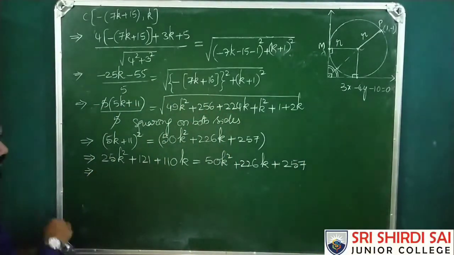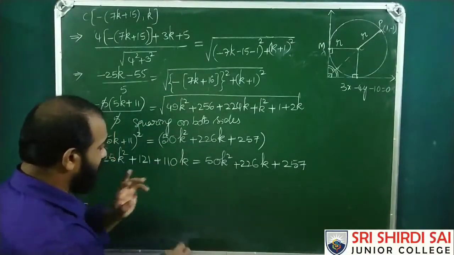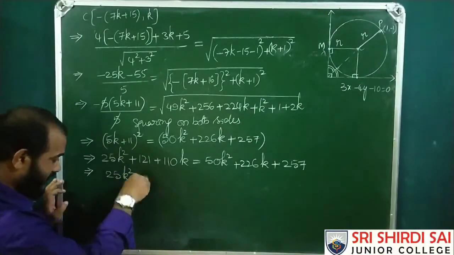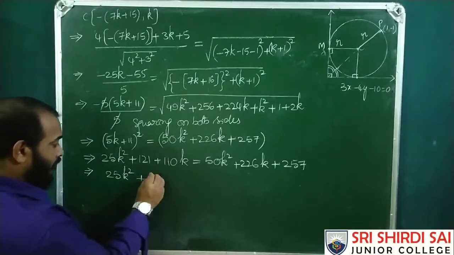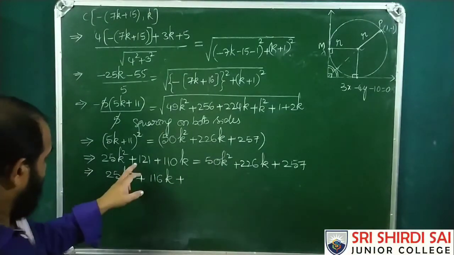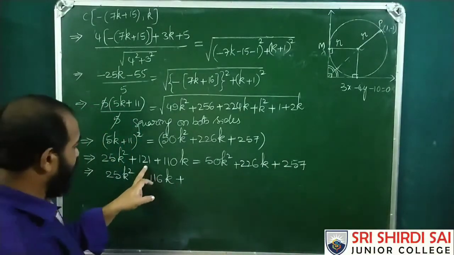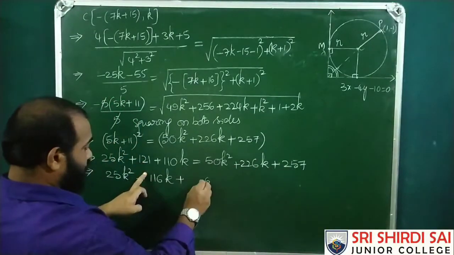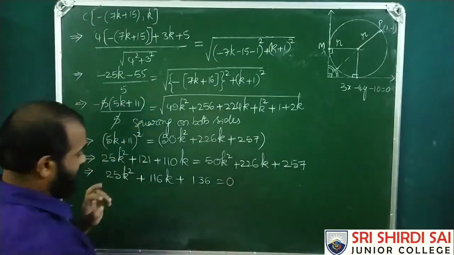This implies 50k square minus 25k square, if you transpose, 25k square plus 226 minus 110, which is 116k plus 257 minus 121, so 136 equals to 0.